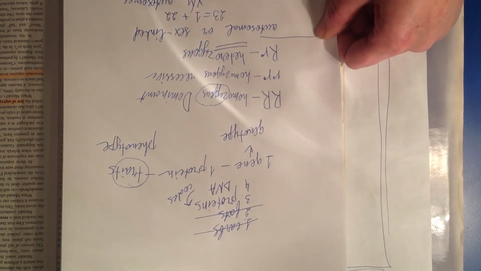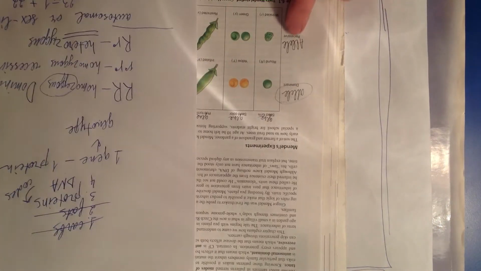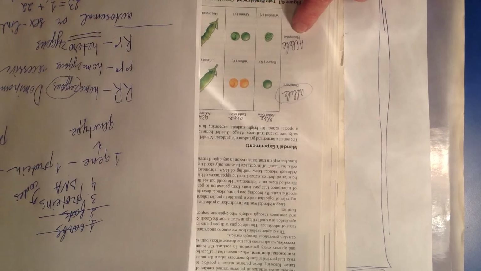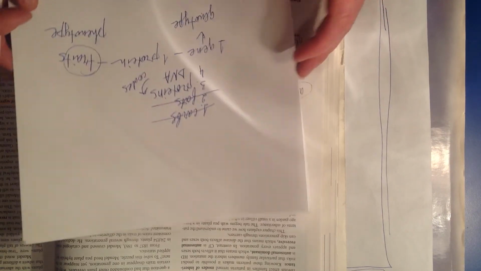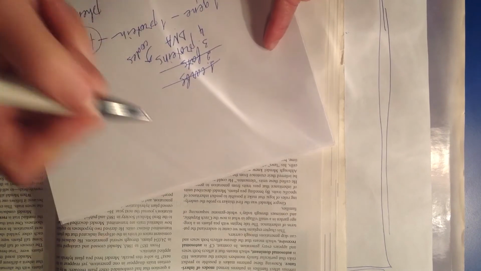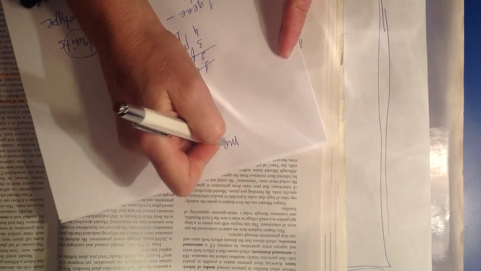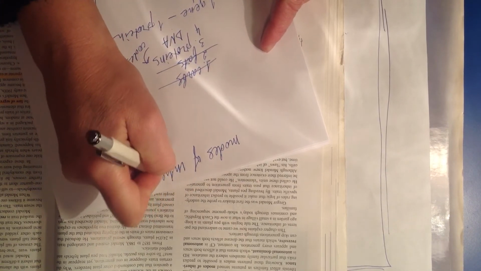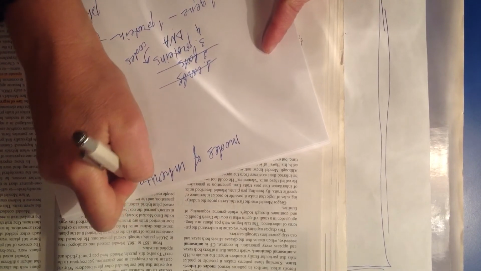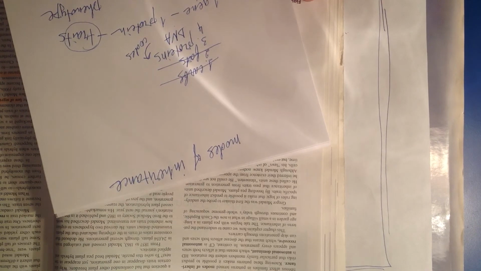And is this trait caused by a dominant allele or a recessive allele? So that's how we come to so-called modes of inheritance of genetic disease or trait.